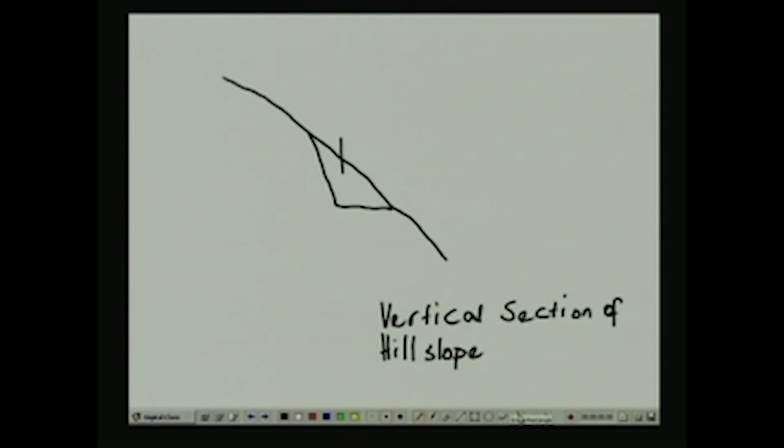What we are looking at here is a vertical section of a hill slope. So this is the proposed highway.